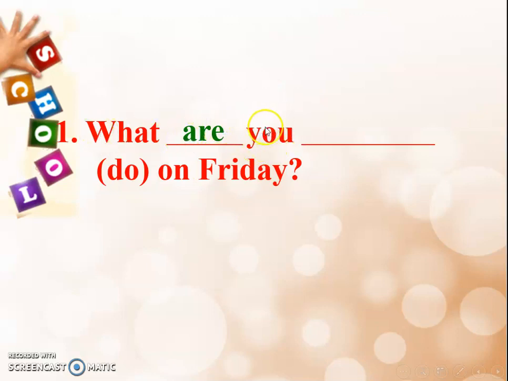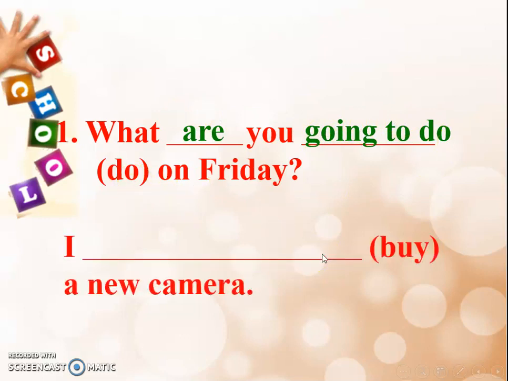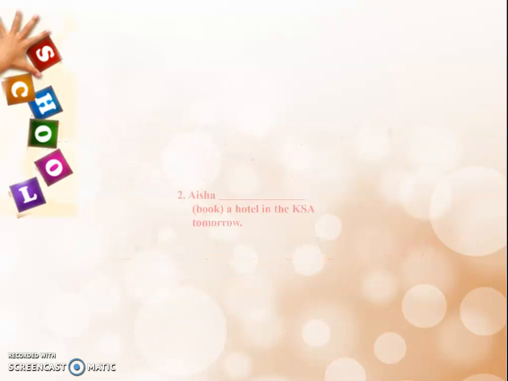What are you going to do? The verb is do, so we add going to plus verb. What are you going to do on Friday? What will we say here? I am going to buy a new camera.